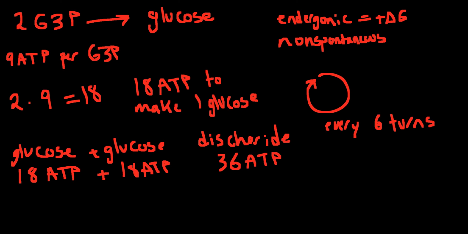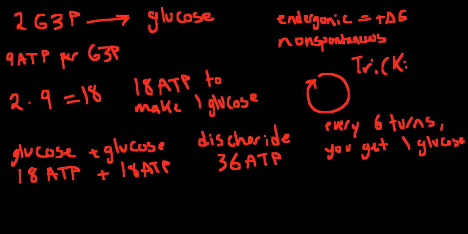I'm sorry, every 6 turns you make 1 glucose. So this is just one nifty trick. Instead of going through the whole process, just know that every 6 turns you're going to get 1 glucose made.